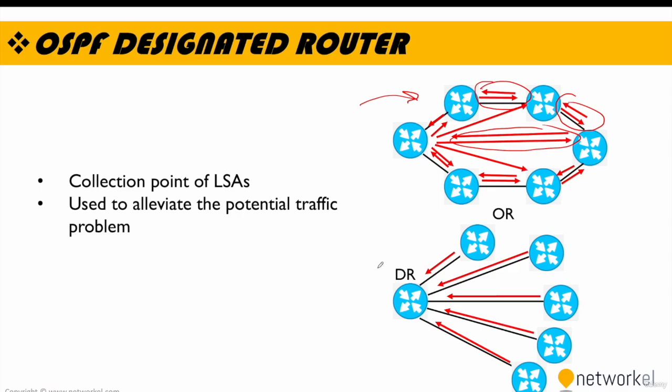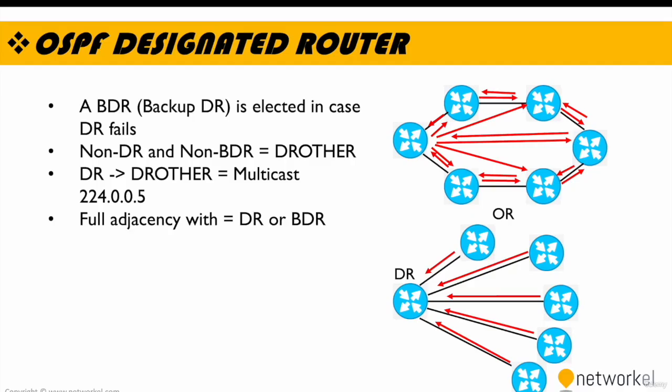On the other hand, if you have a centralized device and everyone sends this LSA information to this centralized device only, which is the designated router, you will save bandwidth. A BDR, backup DR, is elected in case the designated router fails.